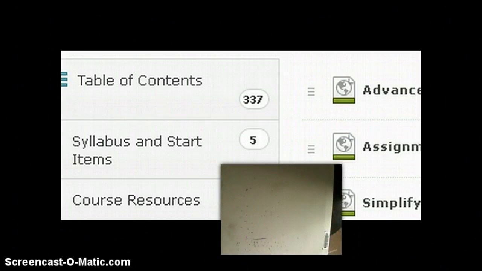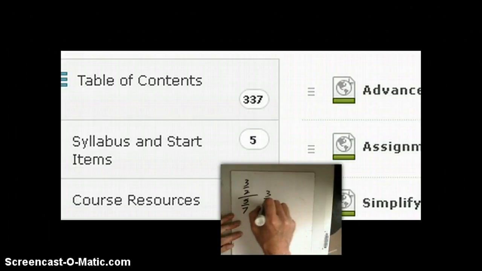The answer is 1/4. So that's something you need to know in this lesson. And one other item, real quick here. I want to talk about a complex fraction. So how about this? 3 over 2 over 5 over 7. That is really 3 over 2 times 7 over 5. It's a fraction that somebody wanted to make complicated. A complex fraction. This, I messed up. 3 halves divided by 5 sevenths.